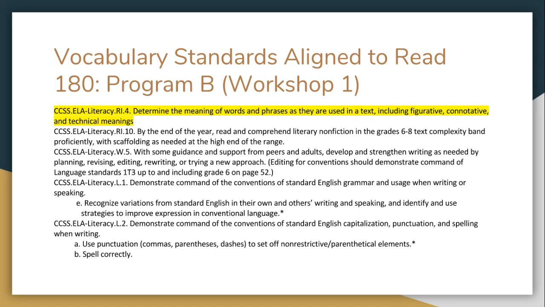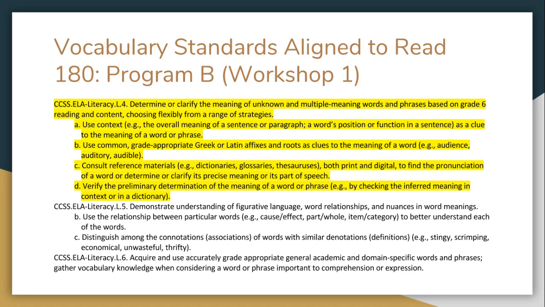Students need to demonstrate spelling command of the vocabulary, which is included in the language standards. We also have determining the meanings of unknown and multiple meaning words. As you can see, there's many ways that students can do this through context, studying affixes, studying reference materials like dictionaries, and verifying the preliminary determination of the meaning of a word or word phrase by inference.